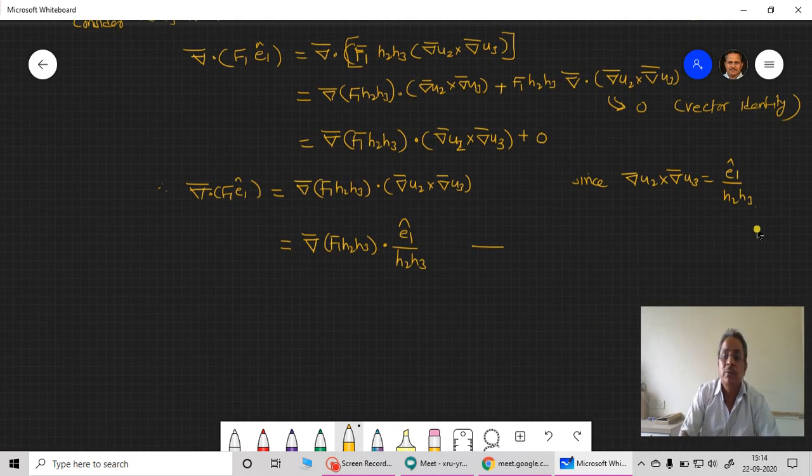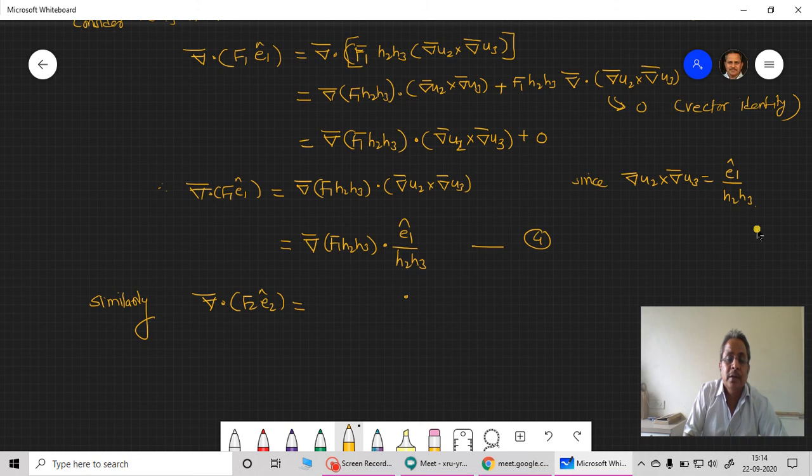This is equation 4. Can you write the next component? Similarly, using the same mathematics, we can find del bar dot second component f2 into e2 cap is equal to, can anyone tell me? Now here it will be e2 cap upon h1 h3 in the denominator. Here, just as h1 was absent where e1 cap came, h2 will not come, and e2 cap will come.